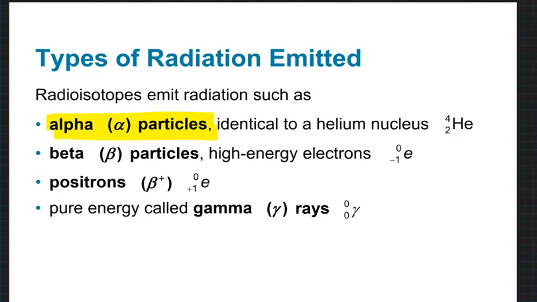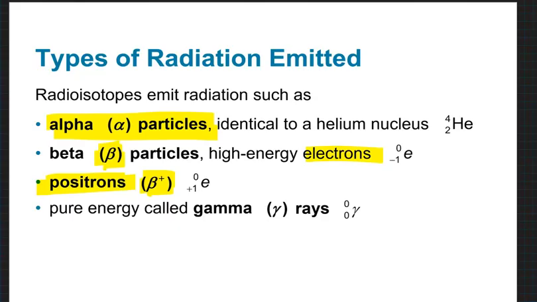Then we have electrons and positrons, or beta negative and beta positive radiation, okay? So beta negative and beta positive. The only difference between the particles called electrons and the particles called positrons is the charge.